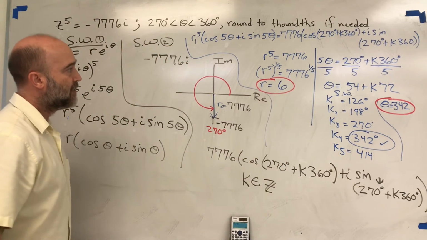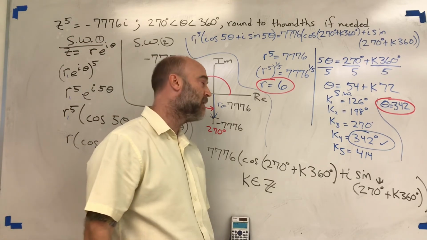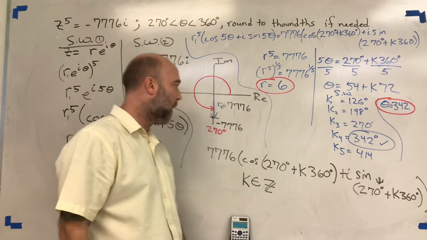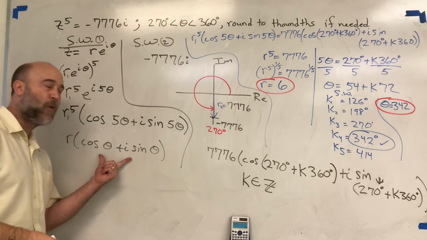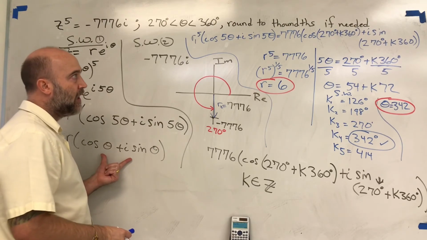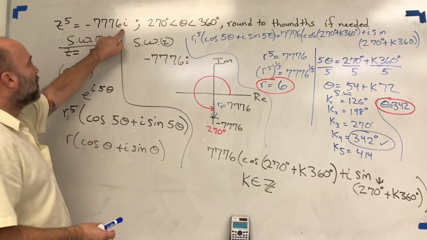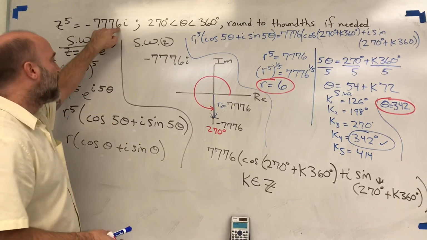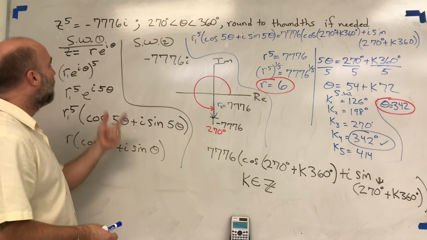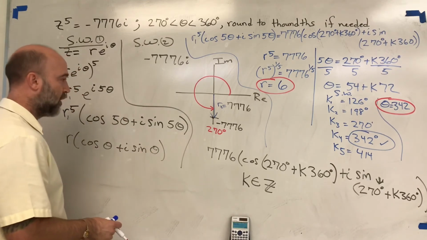All right. So now that I have what r is, now that I have what theta is, I'm going to plug those into the polar form and find out what the rectangular form is. Notice our original problem had i in it, so we don't want cosines and sines. This is rectangular form, so we want our answer to also be in rectangular form.